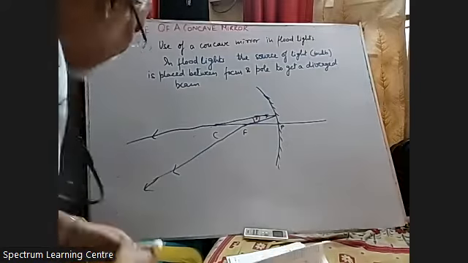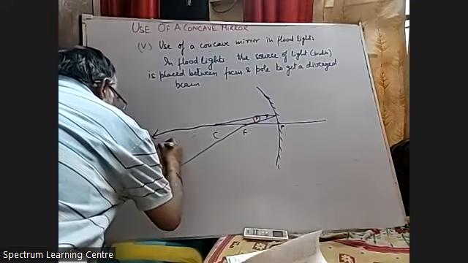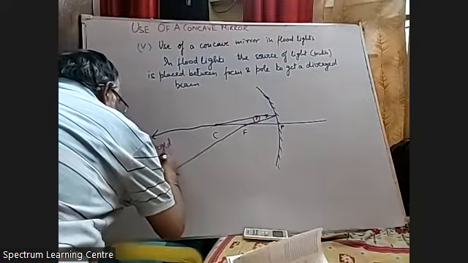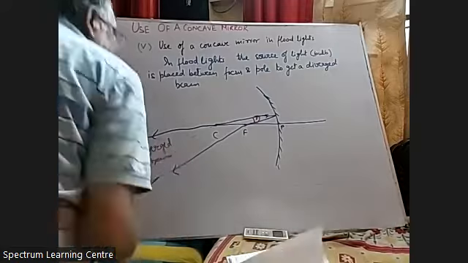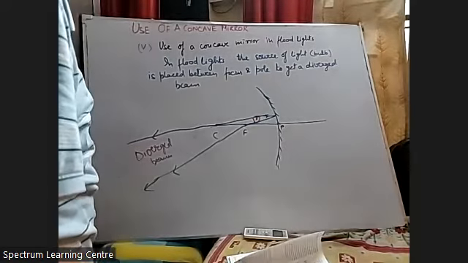Now you can see this is a diverged beam, so this is also a type of floodlight.